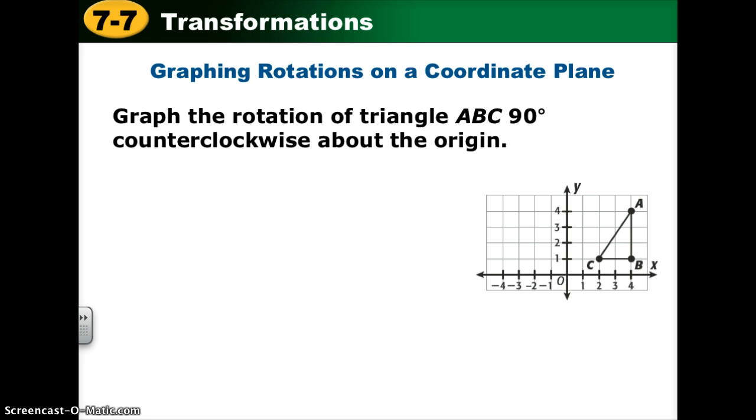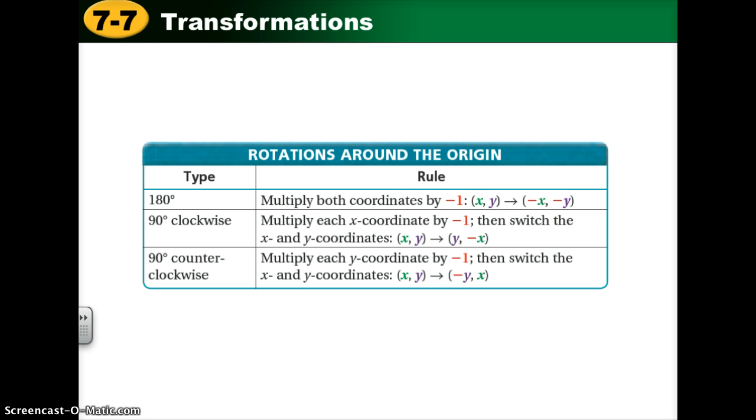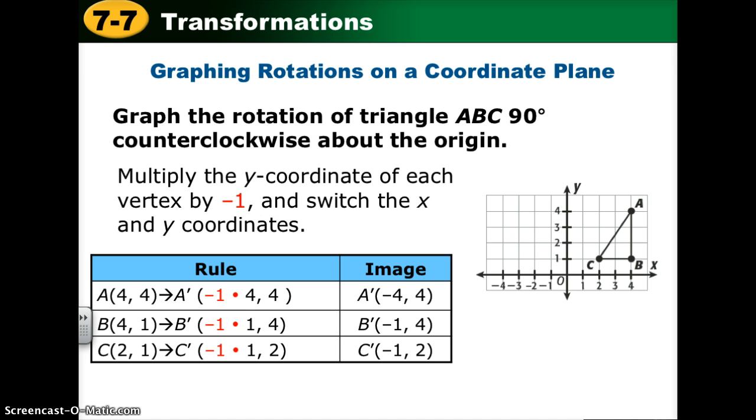Graph the rotation 90 degrees counterclockwise about the origin. Let's go back. We're going to multiply the y-coordinates by -1 and then switch the x and y. So you can see what's actually been done here is they're trying to do multiple things at once by flipping them around and multiplying what was the y-coordinate by -1.